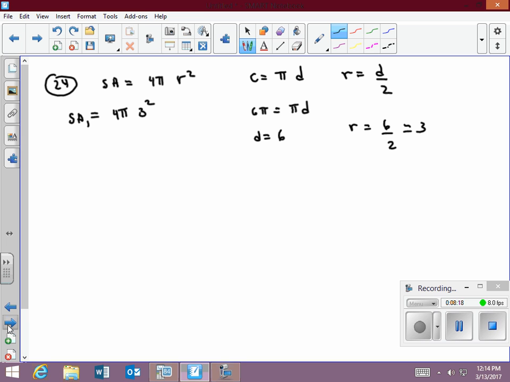And the surface area needs to be tripled. So the surface area 2 is going to be 4 pi r2 squared. We're going to have to calculate the radius of the tripled surface area and then go back and put that radius into that circumference formula.